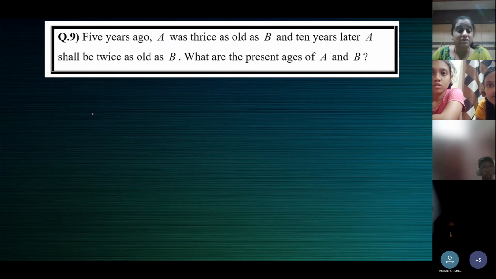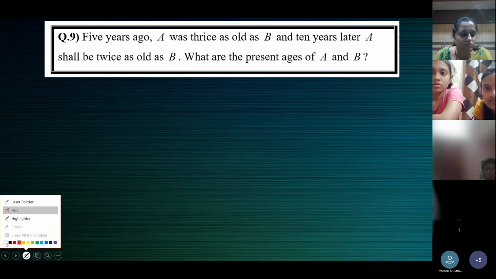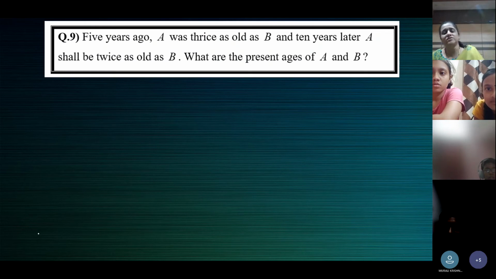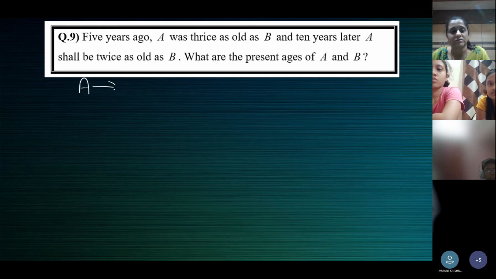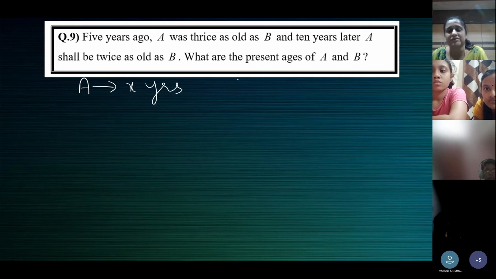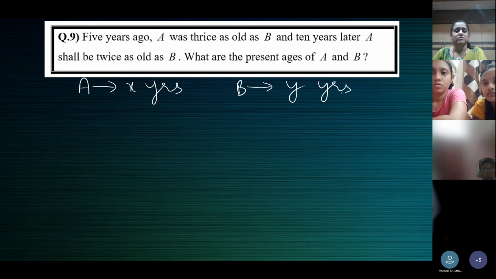So 5 years ago, A was thrice as old as B, and 10 years later, A shall be twice as old as B. What are the present ages of A and B? So let A's present age be X years and B's present age be Y years. First it is 5 years ago.